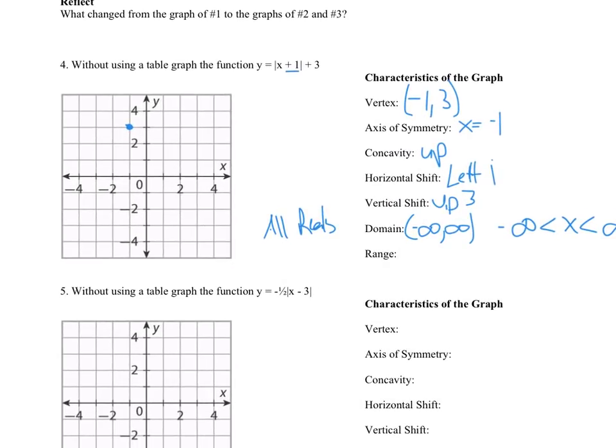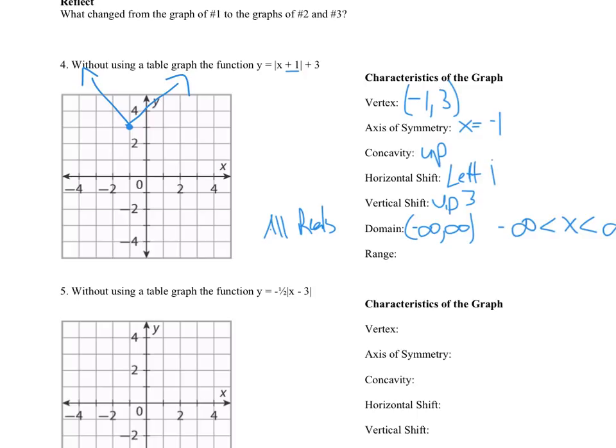And then our range is our possible y values. So we look at this graph. This is our vertex. Our graph is going to open up. Right now we have a slope of 1. I'll talk a little bit more about that on the next problem. But our graph is going to look something like that.